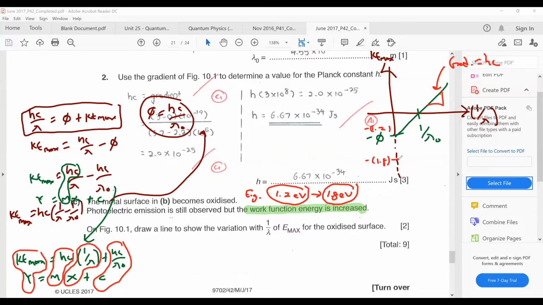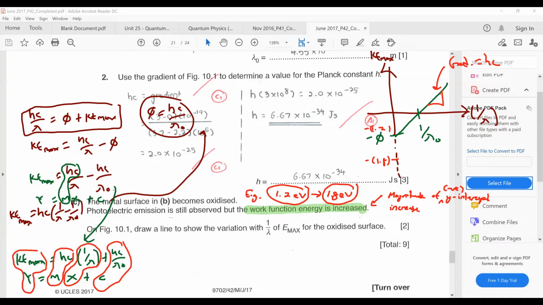So this part would have to be shifted downwards because your magnitude has increased. So the magnitude of y-intercept would increase. Magnitude of negative y-intercept increases.